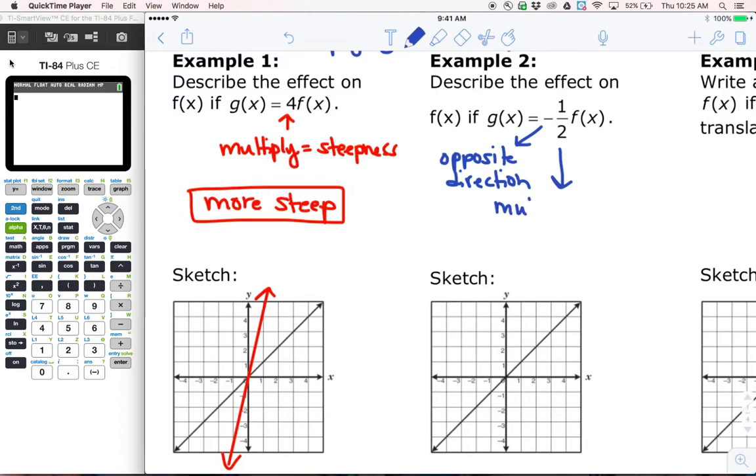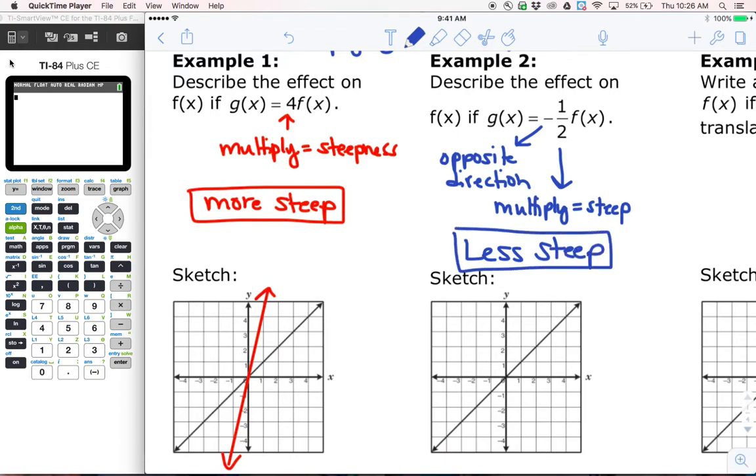Again, it's multiplying, so we know it's going to change steepness, but because it's less than 1, this one is going to be less steep. So a graph of this one might look like that. It's going the opposite direction and it's less steep than the original.